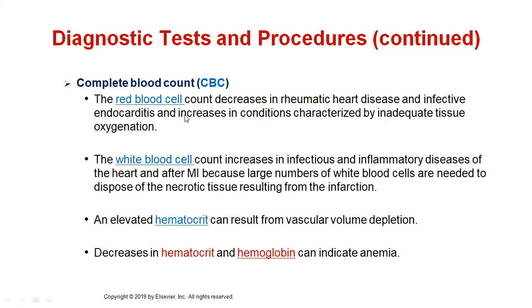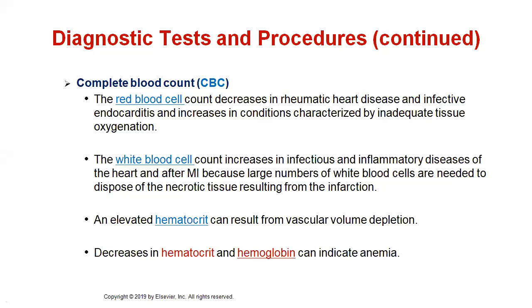Red blood cells increase in conditions characterized by inadequate tissue oxygenation. In case of heart disease, most of the time the hematocrit is elevated. If the patient has anemia, then hemoglobin goes down.